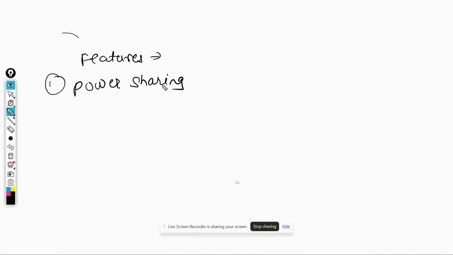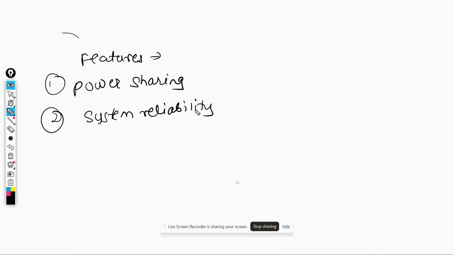Through the interconnected grid, electricity can be transferred from Maharashtra to Gujarat. So this improves the overall utilization of generating stations. Then the second feature was improved system reliability. If one generating station fails, another station immediately supplies electricity.